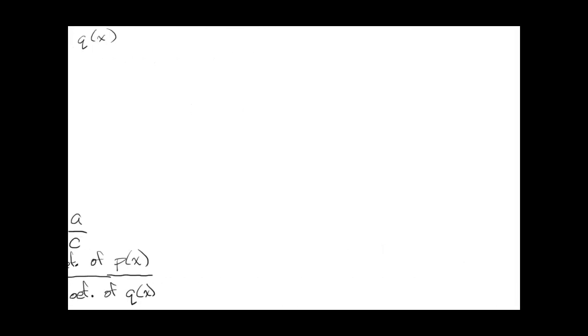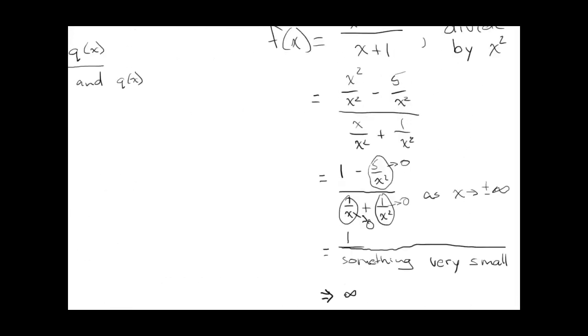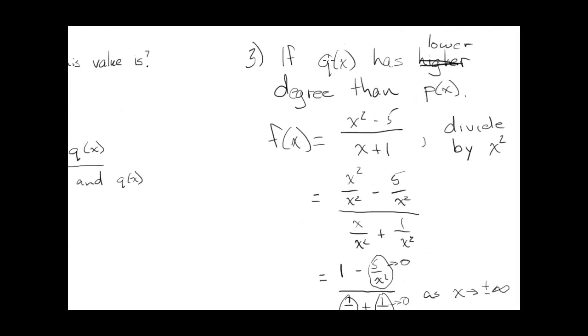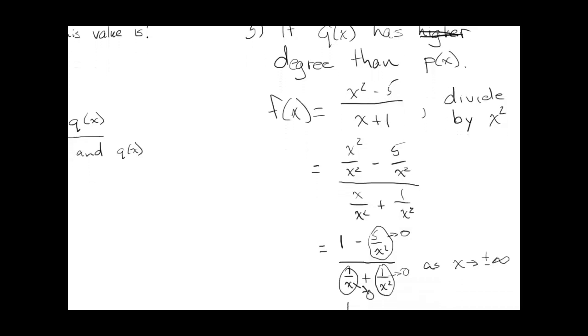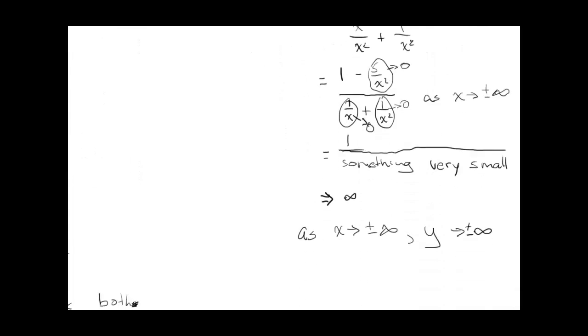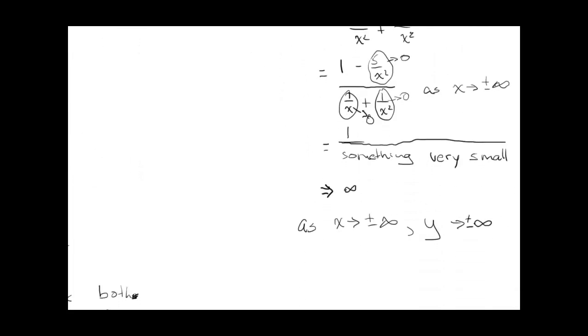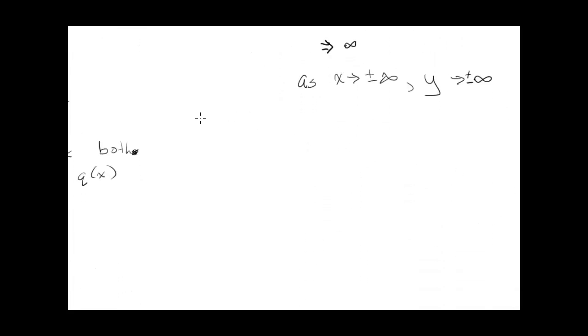And the third case was if the denominator has a lower degree, like a quadratic over a linear, and in that case it always approaches infinity. So you can take all three of those as a rule.